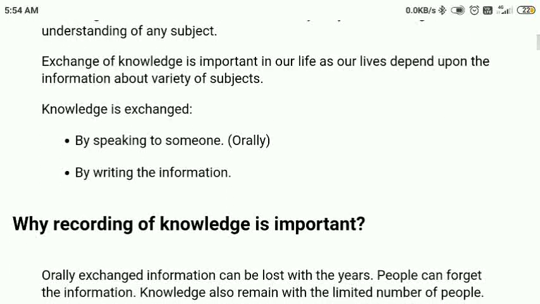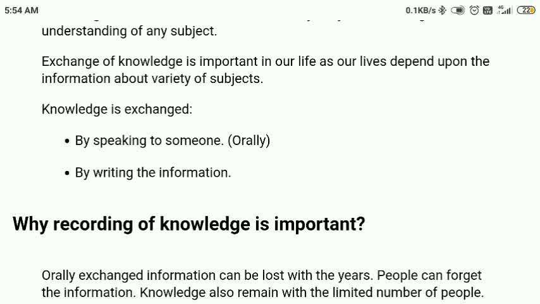So, this knowledge is actually transferred from one person to another person or from one person to so many people all together. For example, I am teaching you, so I am sharing the knowledge, whatever I am having, with you.